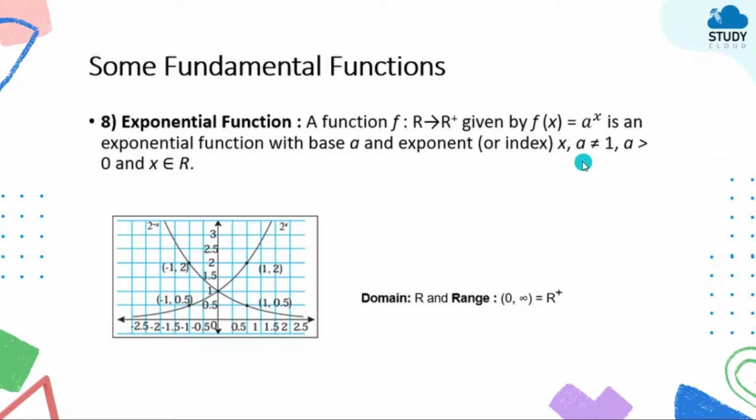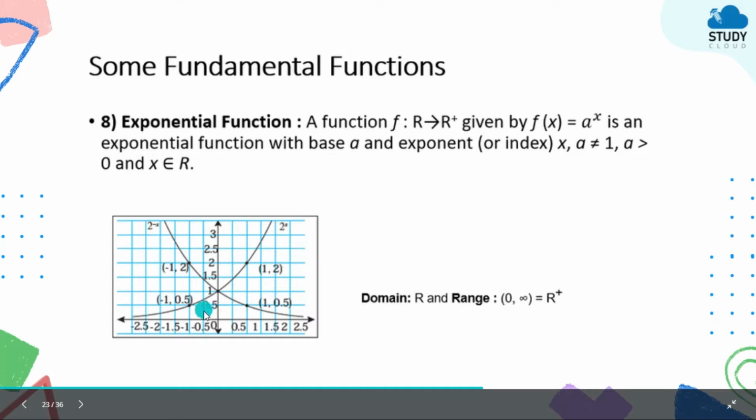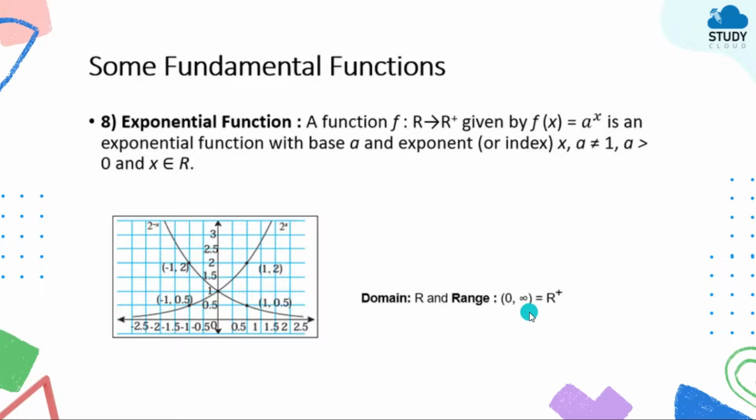But a is not equal to 1, a is greater than 0, and x belongs to R. This is the graph of the exponential function. Here the domain is R and the range is (0, infinity), also called R+.